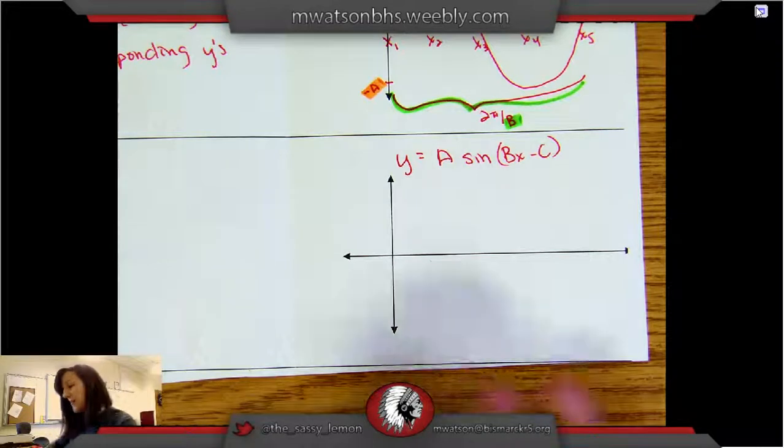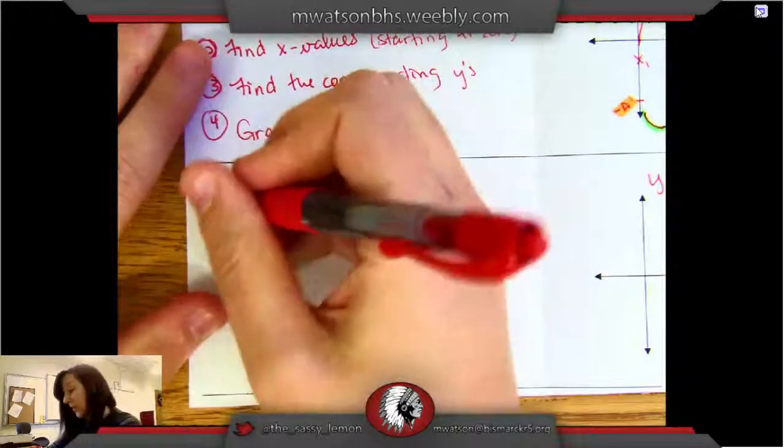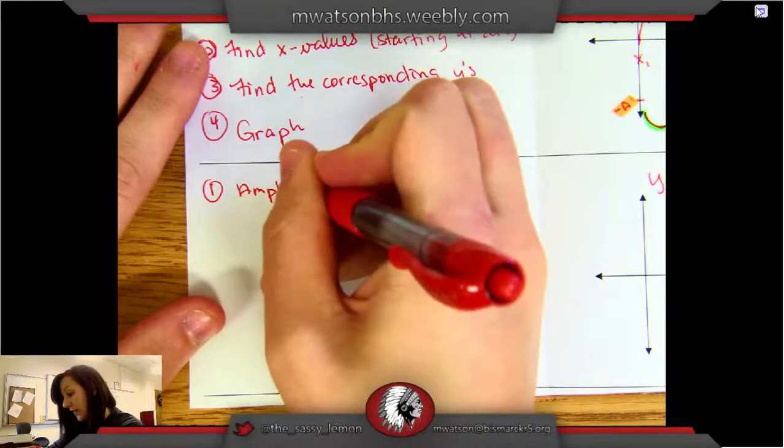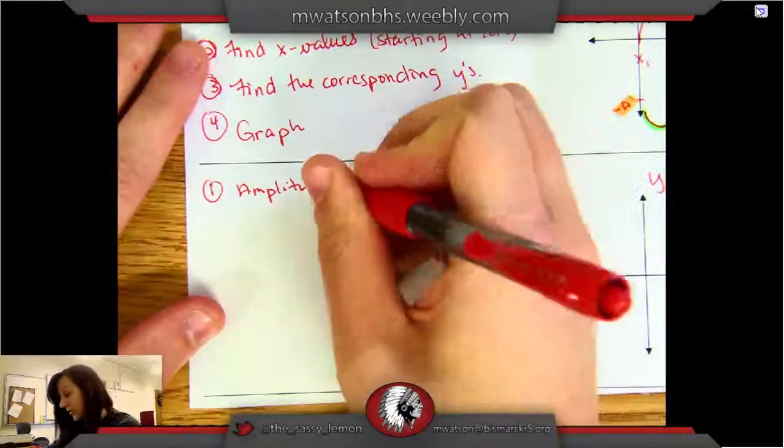All right, so our steps. Again, we are going to identify the amplitude. The amplitude is the number in front of your trig function.